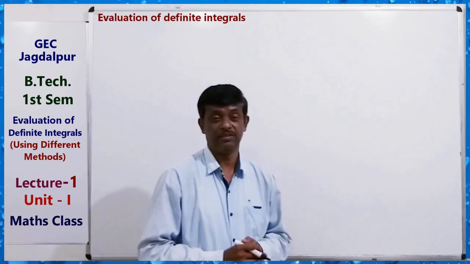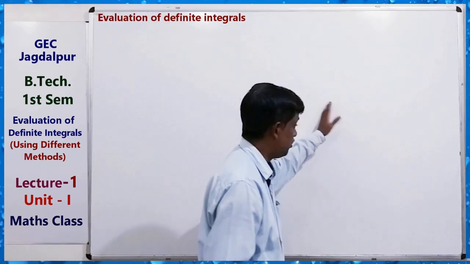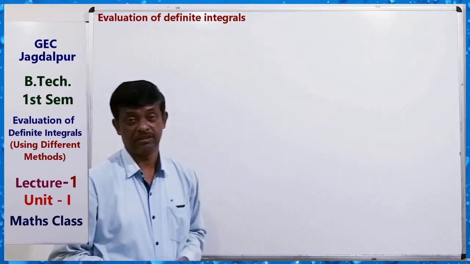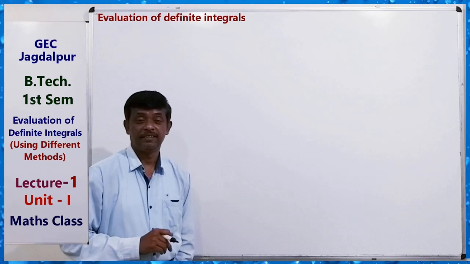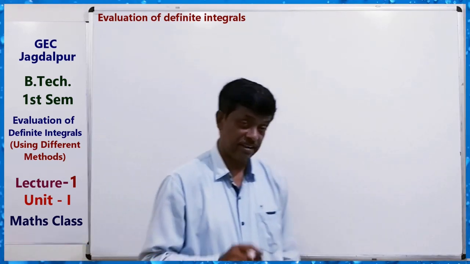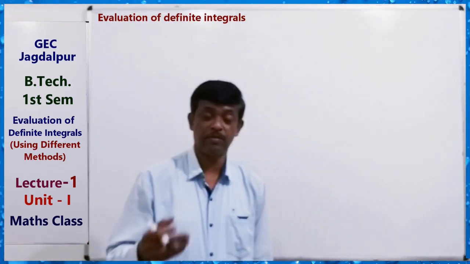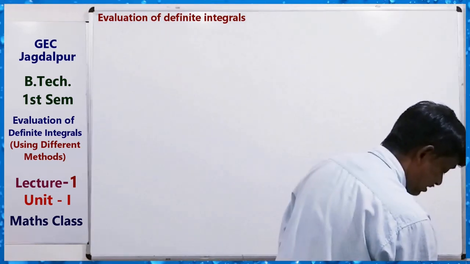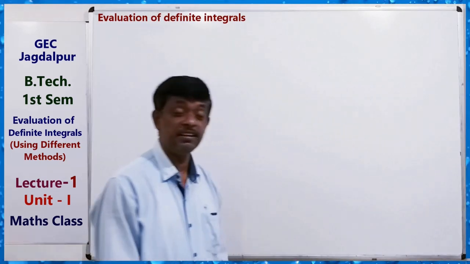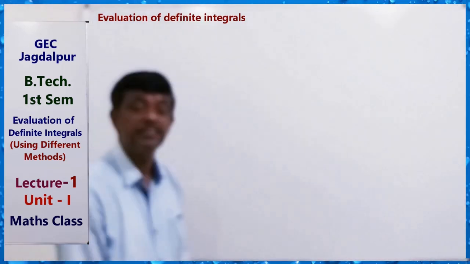And all the questions which I give, you have to solve in your copy. Clear? Also always write different types of formulas, then you can get expertise in solving definite integration.